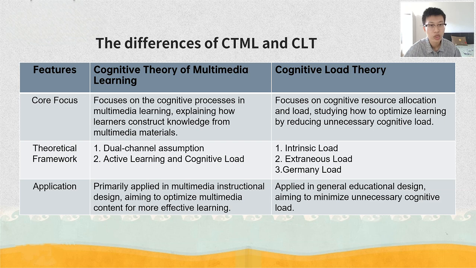But cognitive load theory focuses on cognitive resource allocation and load, studying how to optimize learning by reducing unnecessary cognitive load. And the theoretical framework for CTML has the dual channel assumption, active learning, and cognitive load. But CLT has intrinsic load, extraneous load, and germane load.